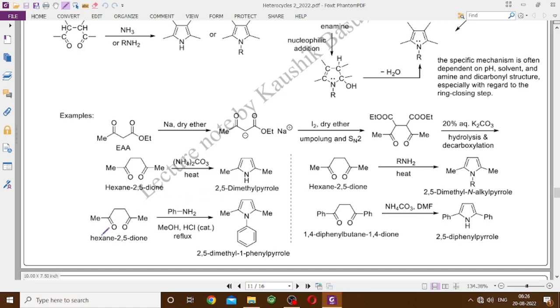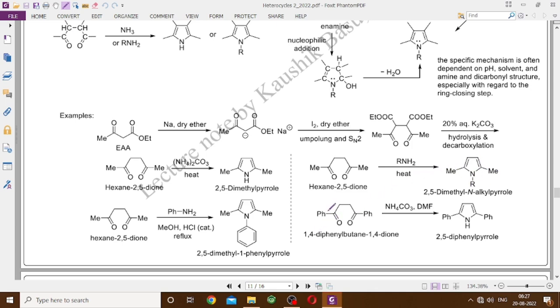The hexane 2,5 dione can be combined with aniline in methanolic HCl medium, and you do that, you get the corresponding N-phenyl 2,5-dimethyl pyrrole. The same hexane 2,5 dione can be treated with RNH2 so that the NR derivative N-alkyl 2,5-dimethyl pyrrole can be generated.